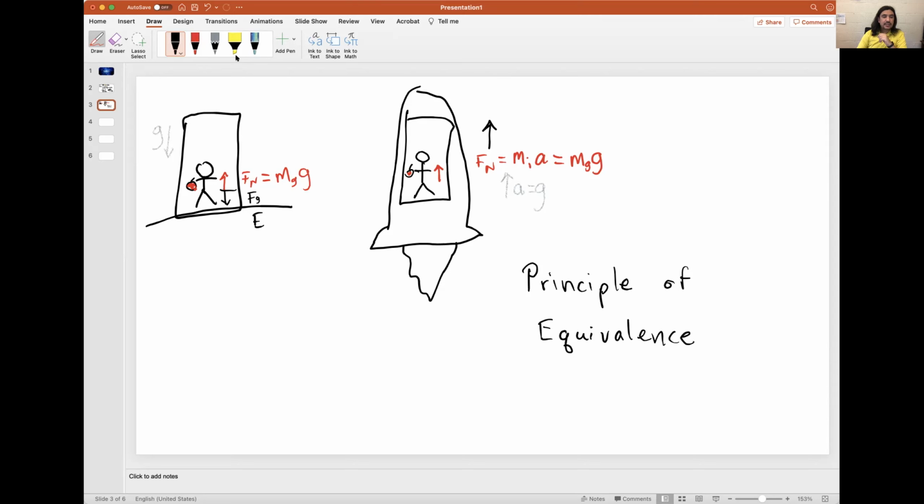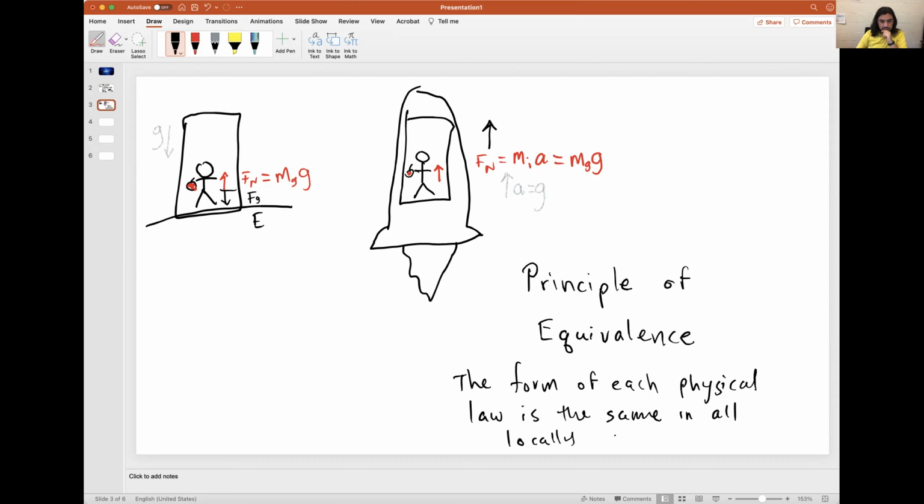And what it says is that the form of each physical law is the same in all locally inertial frames.